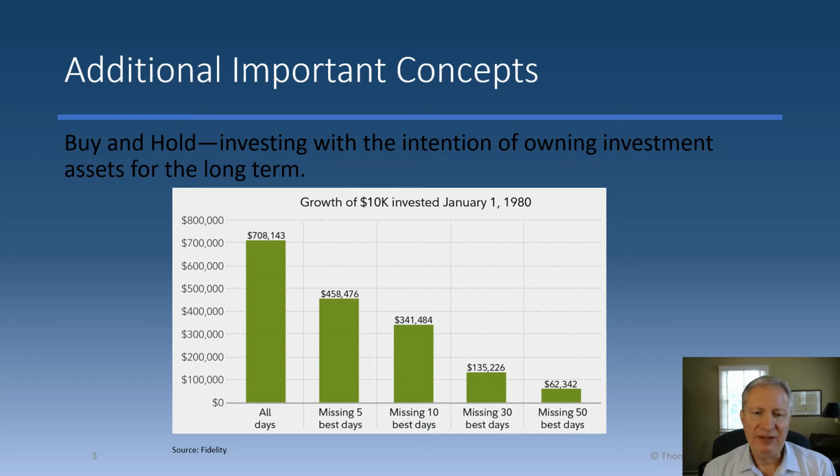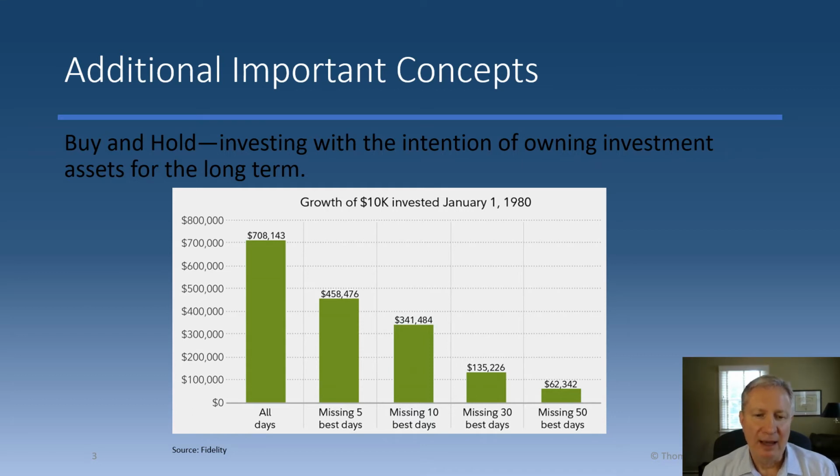If you had $10,000 invested on January 1st of 1980, and you were invested all days, and it doesn't say here when the end period was, but this example holds true, certainly more true the longer the holding period, but it's true over any holding period.